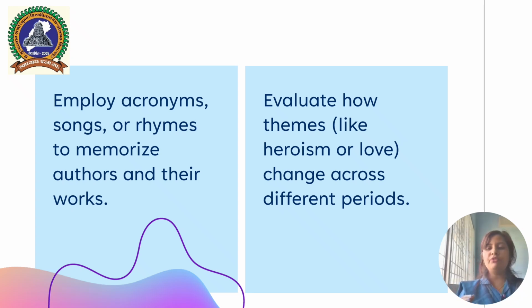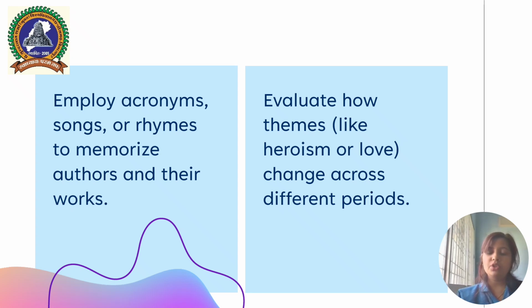There are so many famous mnemonics you have gone through in your life to understand certain things, like the famous mnemonic Vibgyor, which is used to understand the colors in the rainbow, where V stands for violet, I for indigo, B for blue, G for green, Y for yellow, O for orange, and R for red.